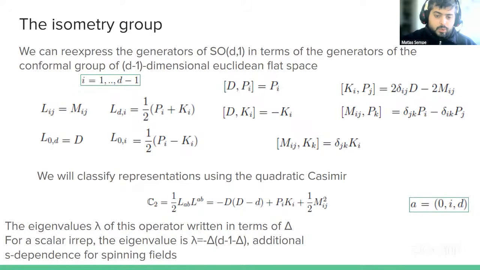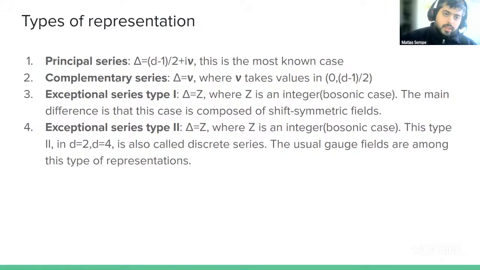So we will talk a little bit about what this Δ means. Δ classifies the type of representation. The principal series is one of the known cases where nothing very weird happens, but Δ is complex. But the theory is unitary. Δ doesn't have to be real.